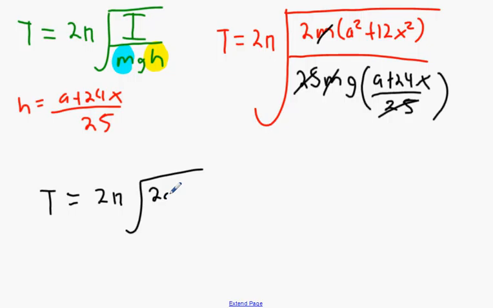I don't know why I factorized it in the first place. All over the a plus the g in there as well. Actually, wait a minute, leave it the way it was. 2 into a squared plus 12x squared, g into a plus 24x.